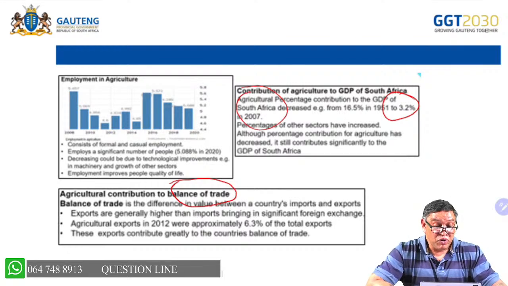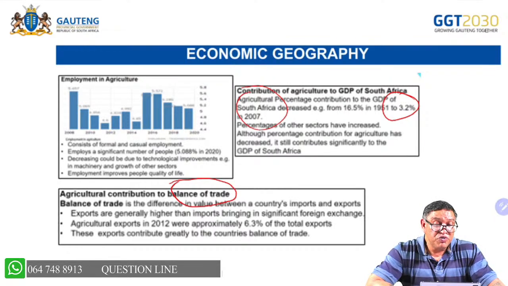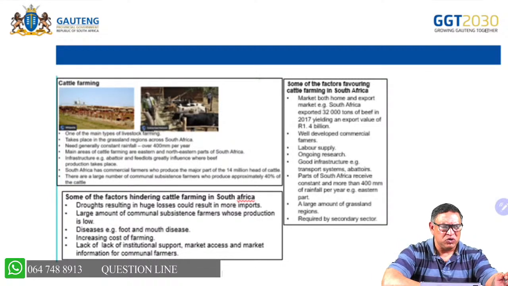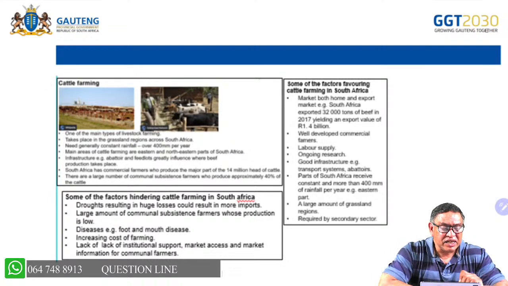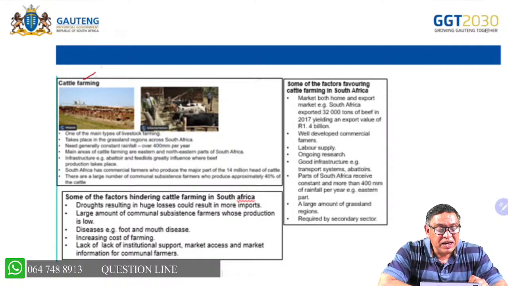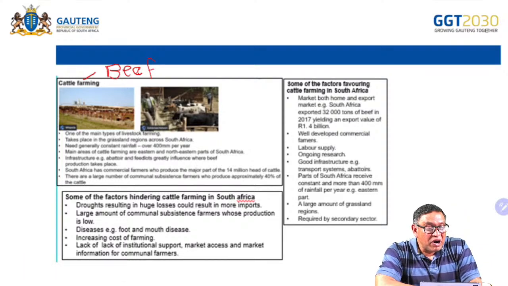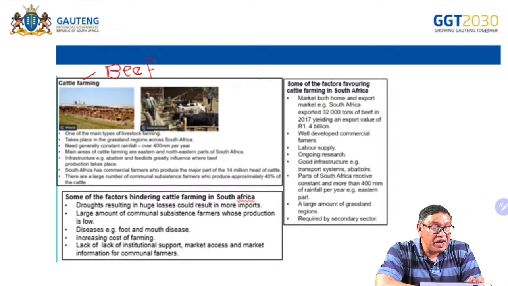So I'm going through briefly just an overview if you have various concerns. Now let's get to the section that you're worried about. Cattle farming, and remember the product is beef. It's the main type of livestock farming.